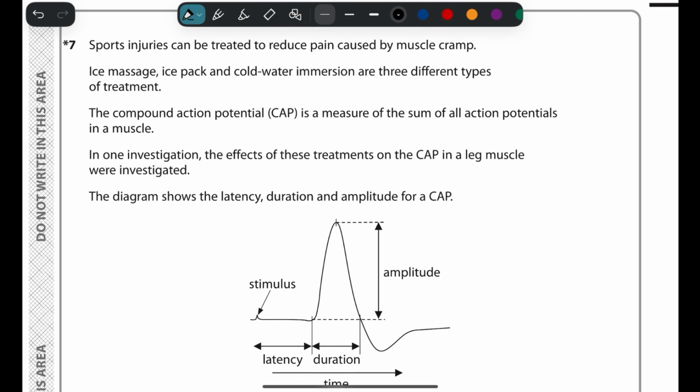Sports injuries can be treated to reduce the pain caused by muscle cramp. Ice massage, ice pack, and cold water immersion are 3 different types of treatment. The compound action potential is a measure of the sum of all action potentials in a muscle. In one investigation, the effect of treatments on the compound action potential in a leg muscle is investigated.